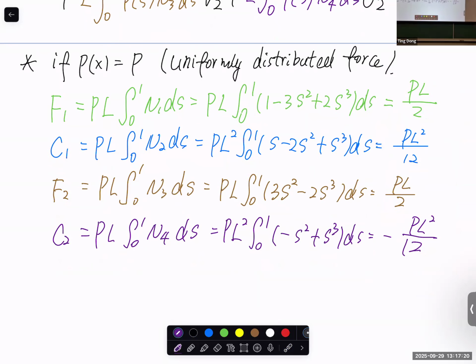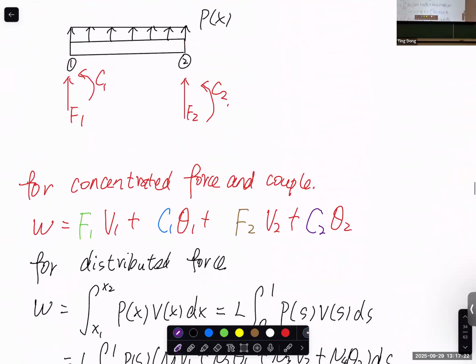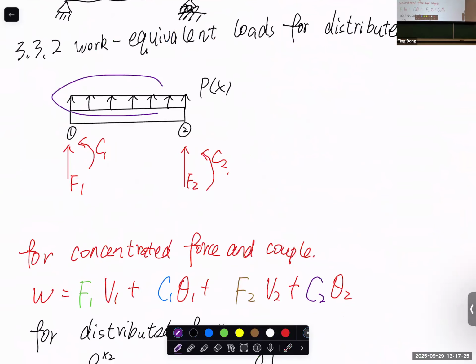So basically it means that the equivalent nodal force, for this situation where Px is upward, becomes half of PL here and half of PL here.